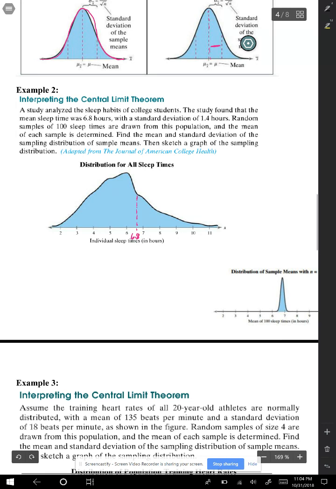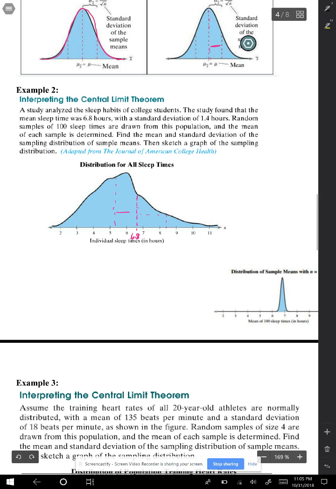And we have a standard deviation of 1.4 hours. If you go down 1.4 hours, that would be 5.4. If you go up 1.4 hours, that would be 8.2. So this is how they're spread out. That's the standard deviation of 1.4 hours.